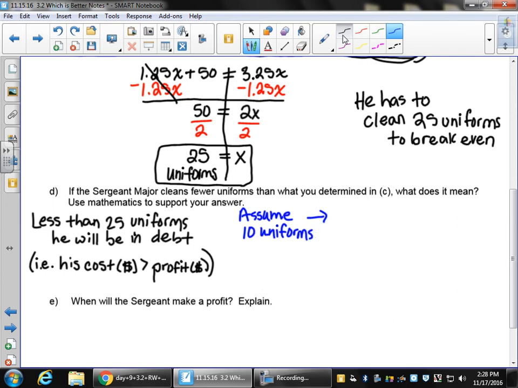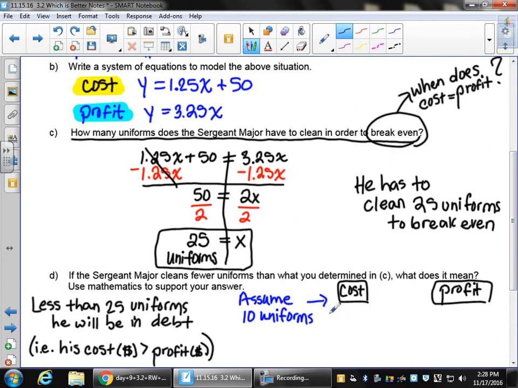So we're going to do work for cost and then work for profit to see what his cost will be and what his profit will be. So my cost equation was y equals 1.25, and we're going to multiply 10, because 10 is now x, plus 50. Let's figure that out.